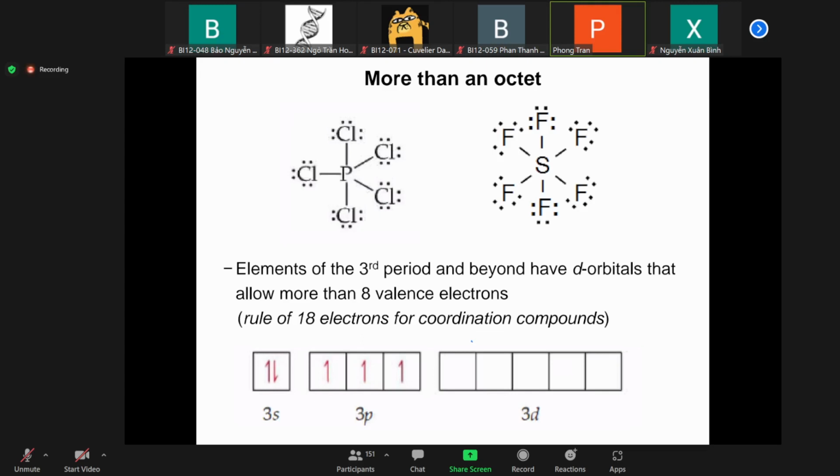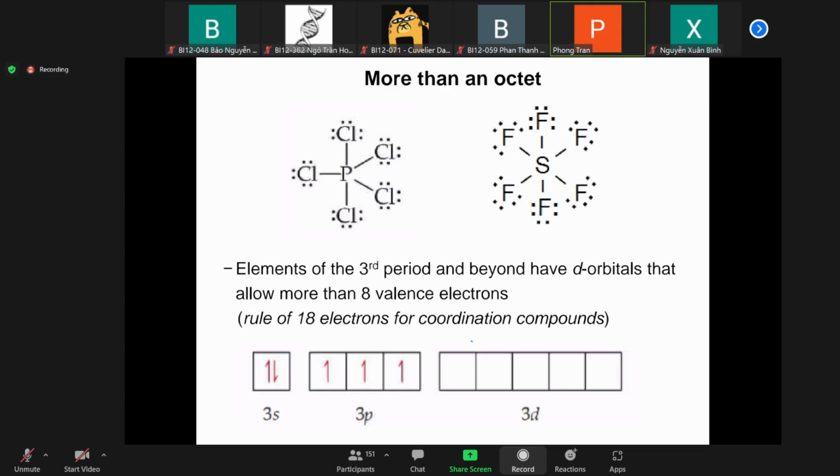We discussed in the previous lecture that the maximum total number of electrons can be 18, because you have 1 s, 3 p, and 5 d, so in total 9 orbitals. So you can accept 18 electrons instead of only an octet, that means 8 electrons. So in that case, you can make chemical compounds with a central atom from the third period, fourth period, and so on, which have more than 8 electrons.